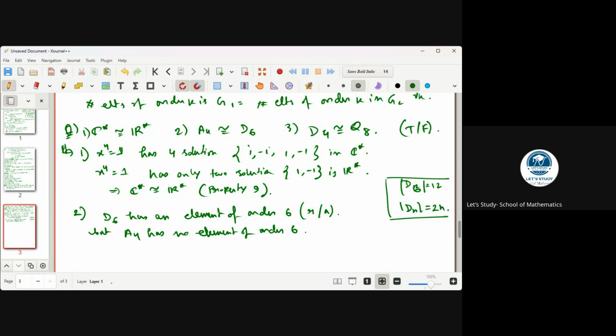Are there any higher orders possible for any subgroup of that group? A4 is a subgroup of S4. So how can it be possible that an element of order 6 exists?